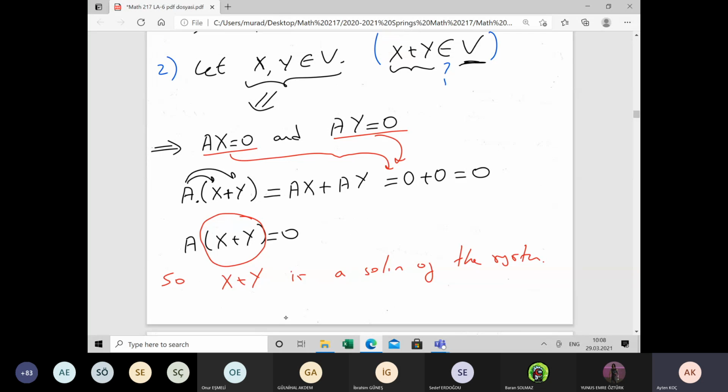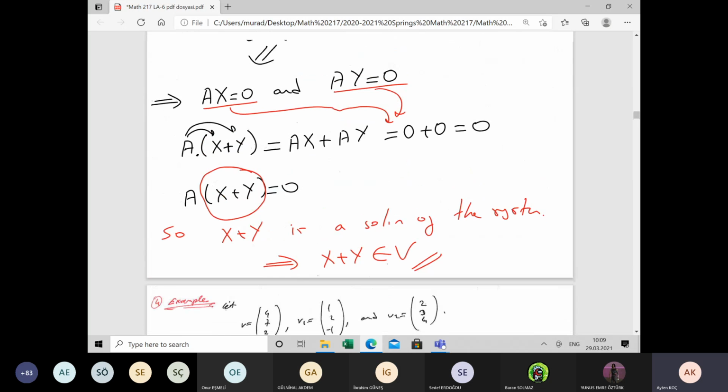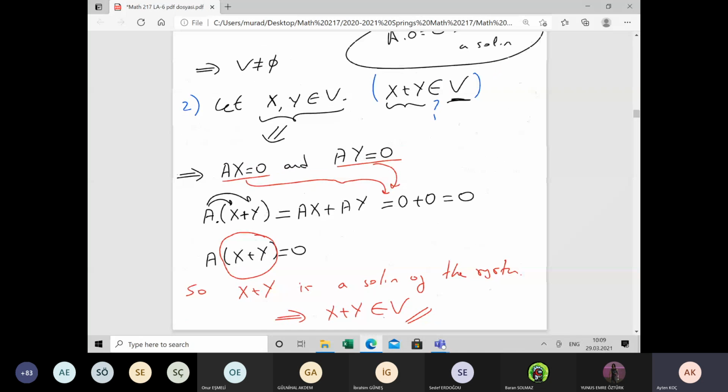So x plus y is in V. Is that okay? Any question? So this satisfies the first condition.